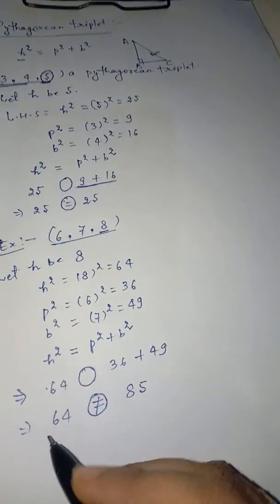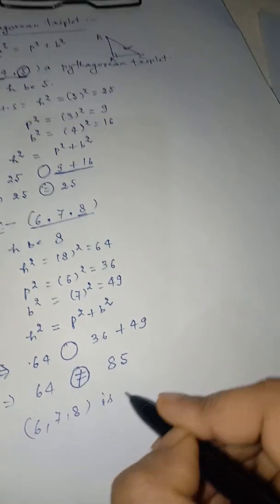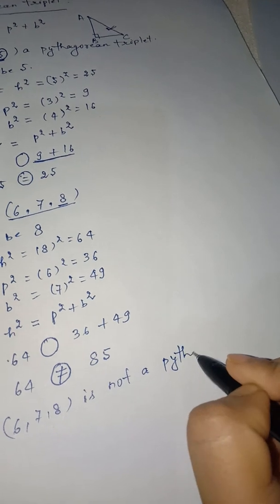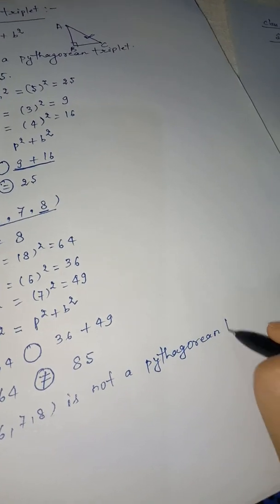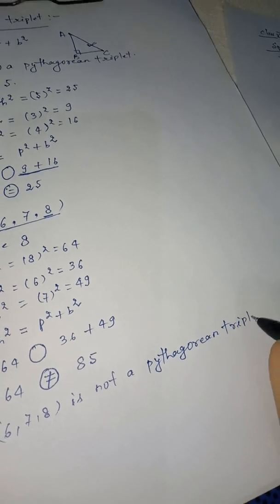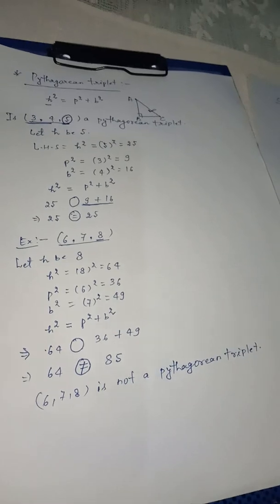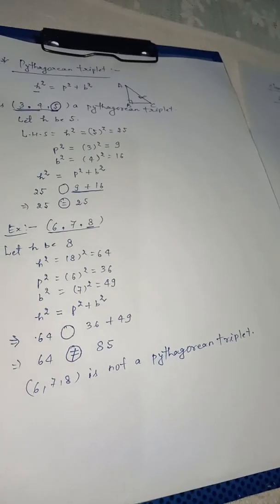So we can say that 6, 7 and 8 is not a Pythagorean triplet. And children, this is a very simple method to find whether any triplet is a Pythagorean triplet or not.